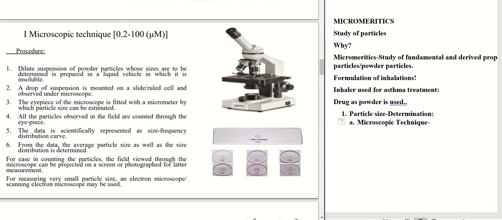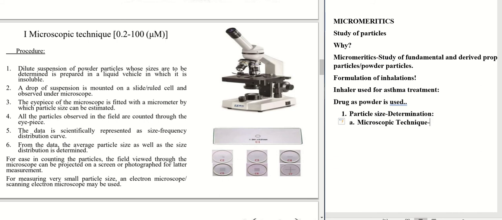It could be an optical microscope, and based upon our sample, we can make use of an electron microscope. But for today, we will be discussing optical microscopy, which can be easily carried out in a laboratory.